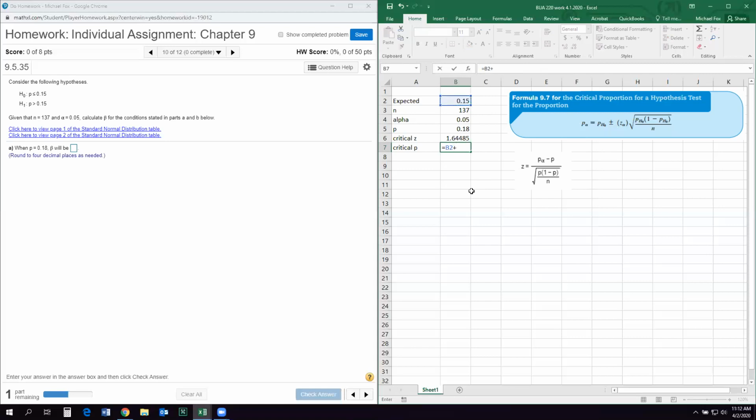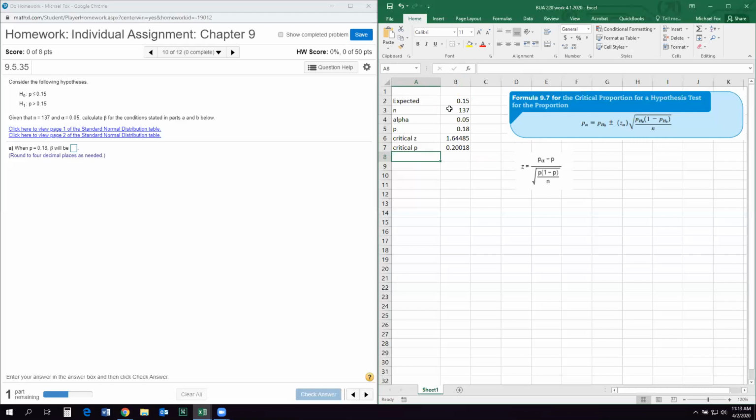And then I'm going to say plus my critical z times the square root of my expected p times 1 minus expected p, so there's the numerator, divided by n. There's my critical P for that problem.